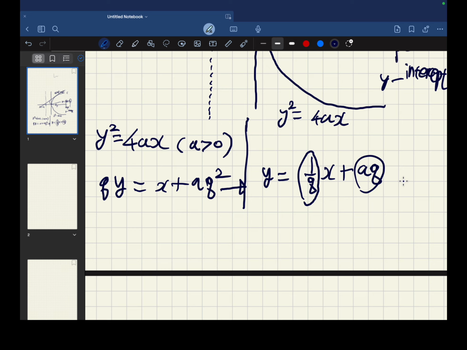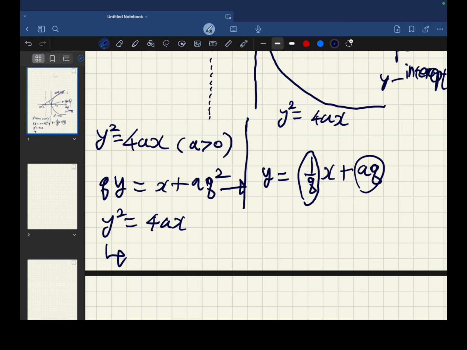And how do we find the slope of the tangent of this line with our condition from here? We can simply use the derivatives of it.